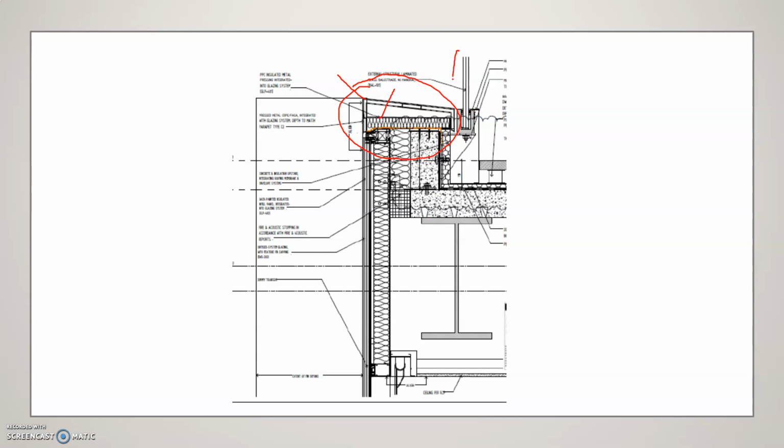If you look at this element here, you go balustrade element here, and this balustrade is supported from the concrete floor slab. There will be a bracket here which is going to support this balustrade. Again, we go curtain walling here.